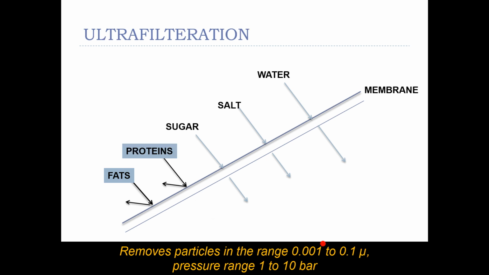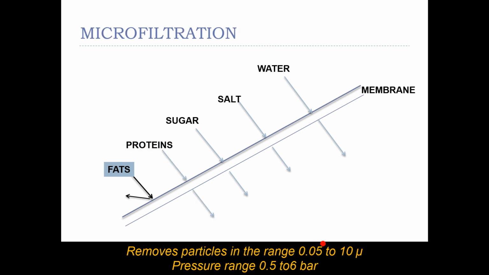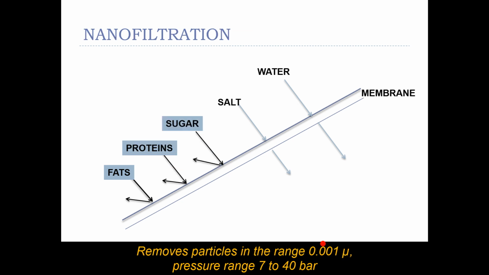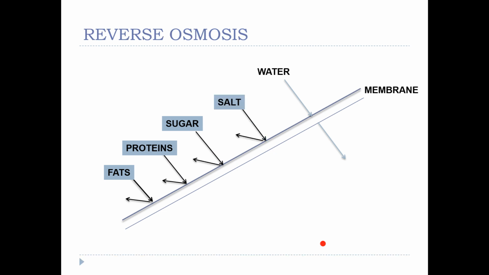Then you have ultrafiltration. See the difference. Microfiltration separates out the fats. Ultrafiltration separates out the proteins. Nanofiltration separates out sugar. And I guess you must have guessed it, this is reverse osmosis, which has separated the salt as well. So these were some of the membrane processes, which is enough for you as far as your syllabus is concerned.